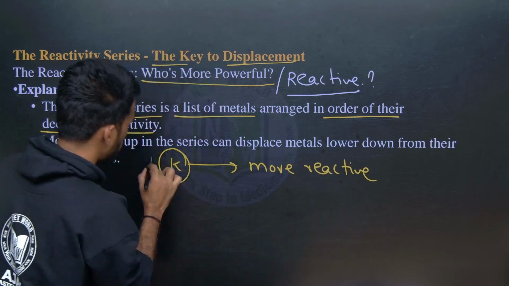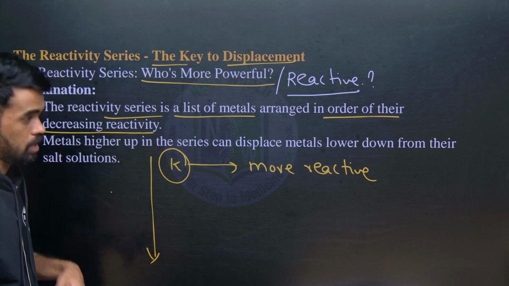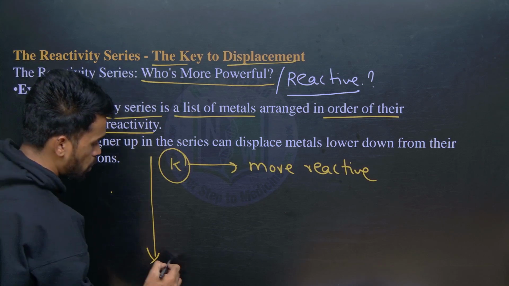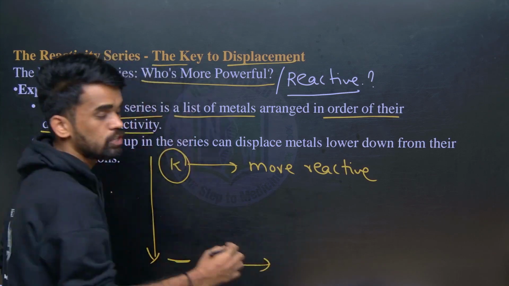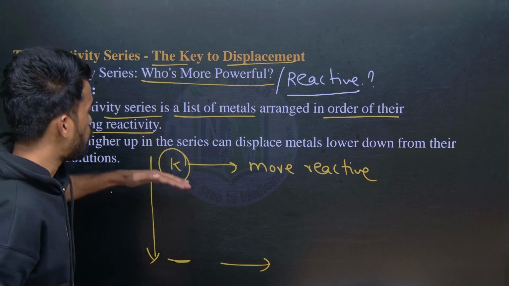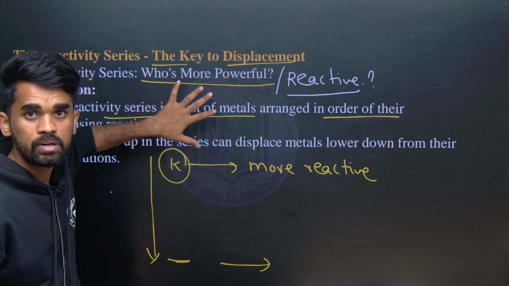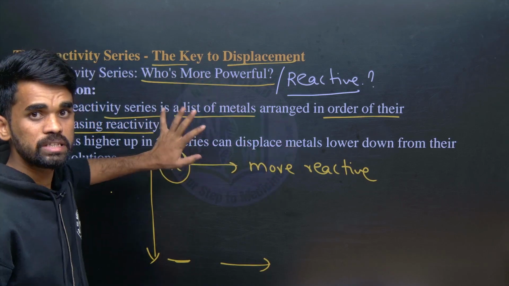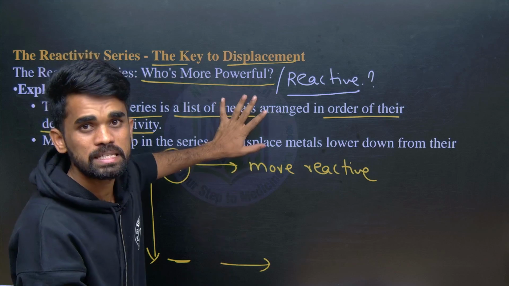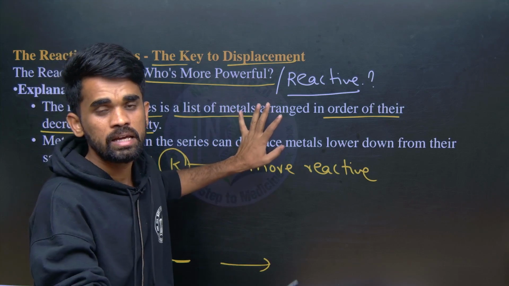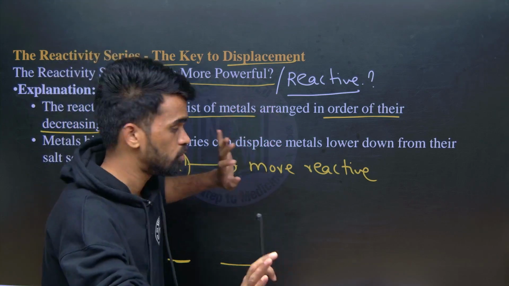As we move down the table, at the bottom we will have less reactive metals. The metals at the top are more reactive, therefore these top metals will displace the bottom metals easily from their solution. Okay, I will show you, give me some time.